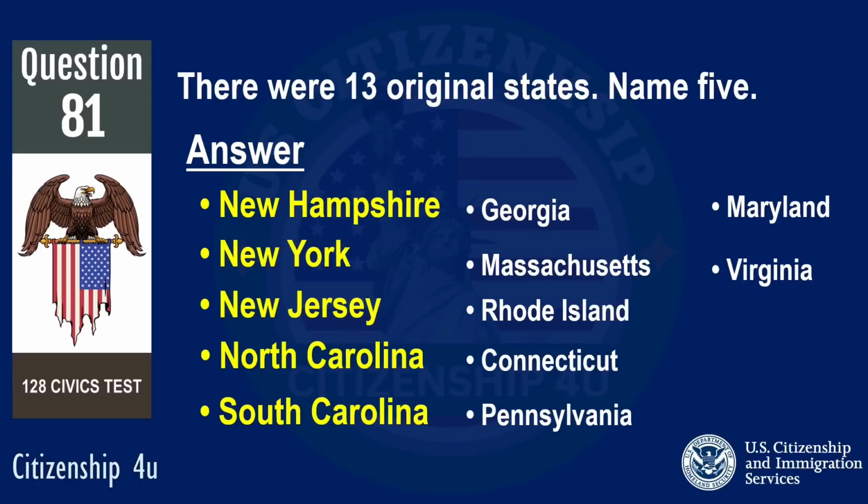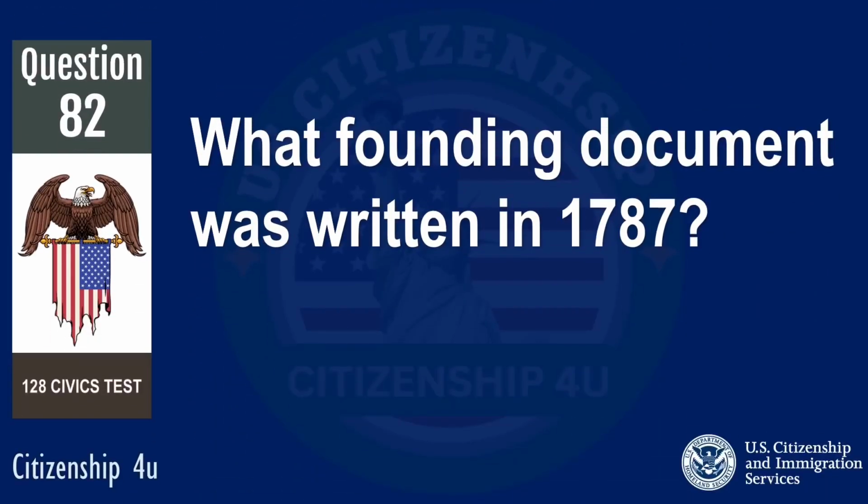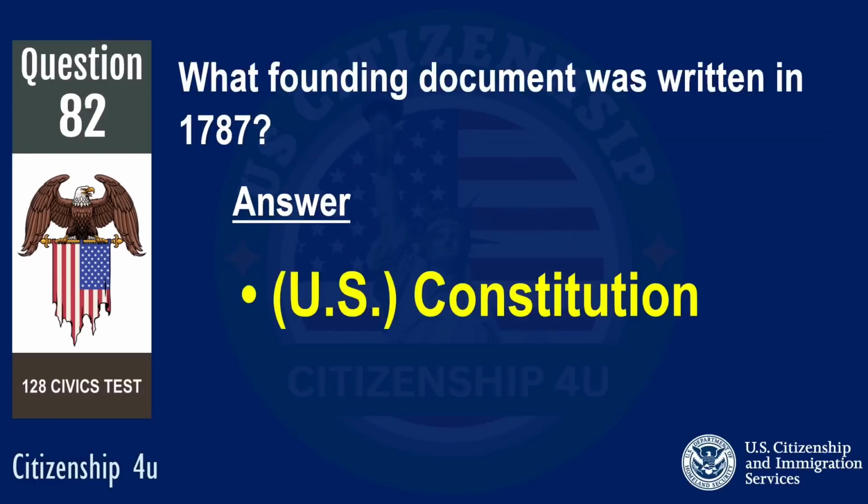New Hampshire, New York, New Jersey, North Carolina, South Carolina. What founding document was written in 1787? U.S. Constitution.